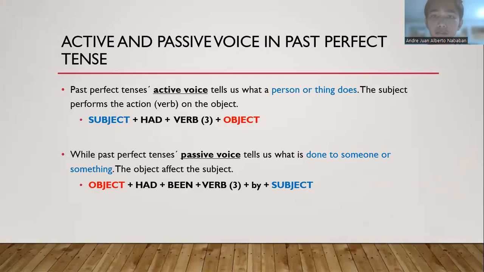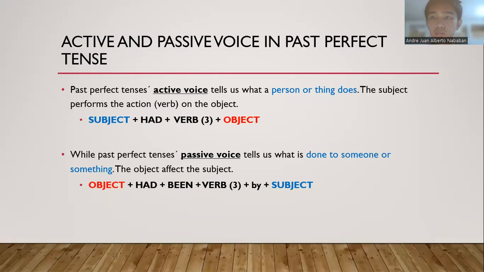Active and passive voice in past perfect tense. So, guys, after we learn about the past perfect tense, the use, the definition, the formula, and the timeline, we need to know more.